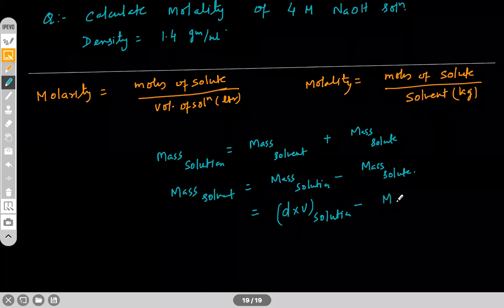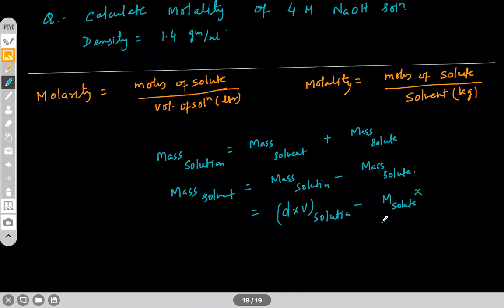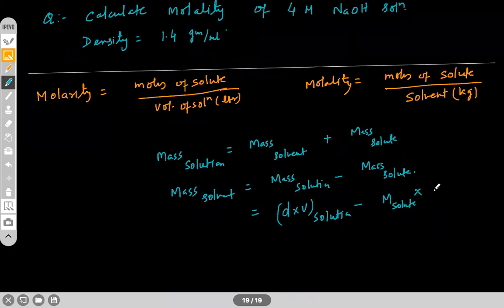Molar mass of solute into what we can write? Mass of solute is not number of moles. Number of moles is equal to mass divided by molecular mass. So this into number of moles of solute.